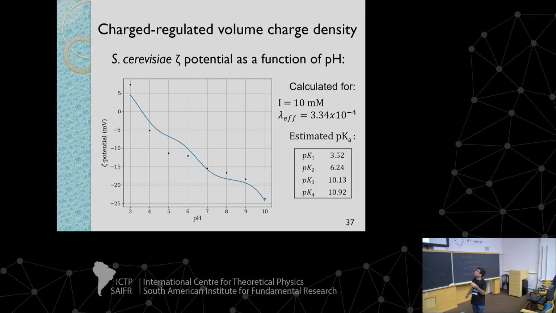This is one of the results that we obtained. We can see that it's not as good as for bacteria. In this case, we also had to adjust some parameters.